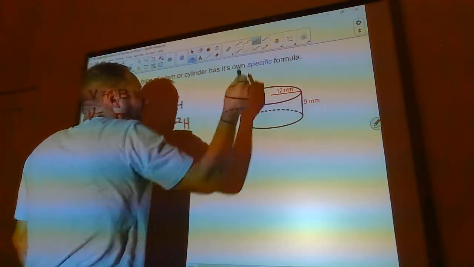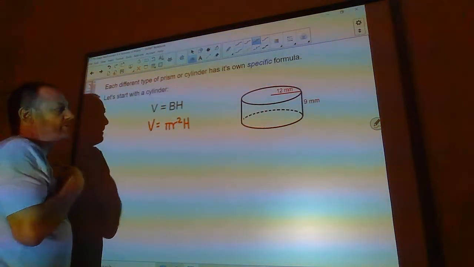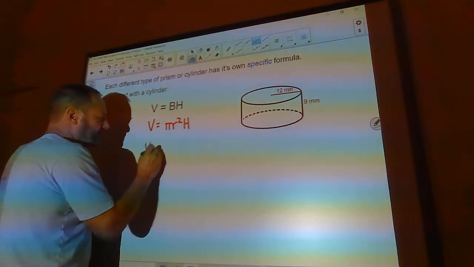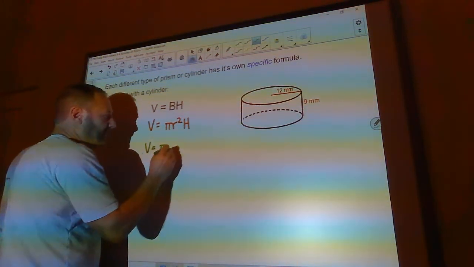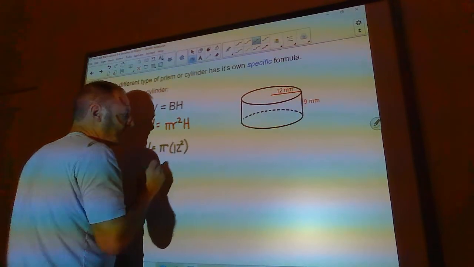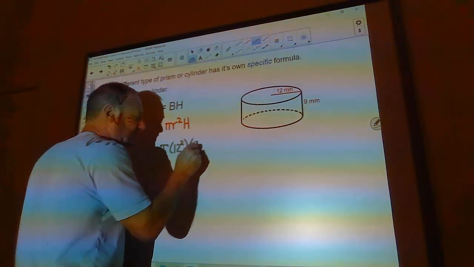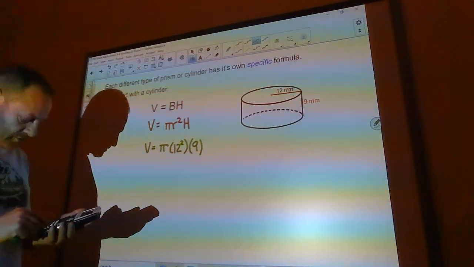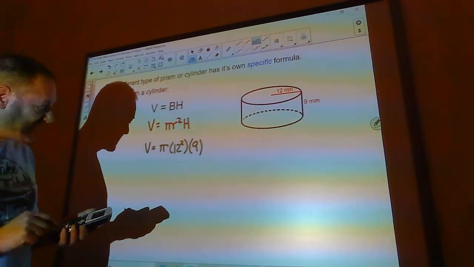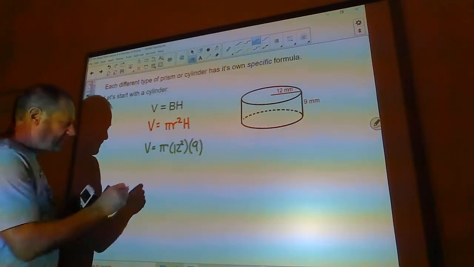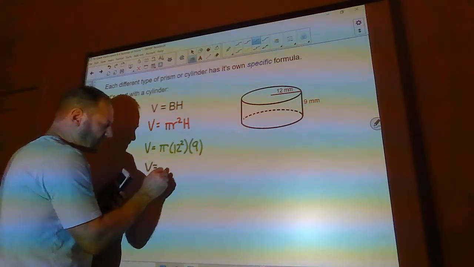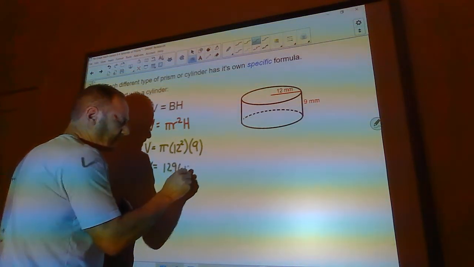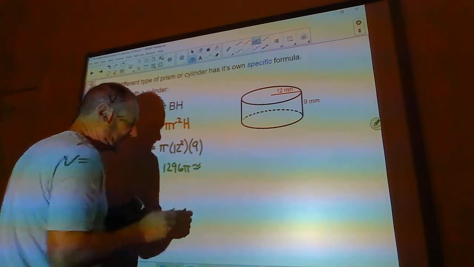So if we wanted to find the volume of this, we would just plug in the radius, which would be 12, square that, and multiply by the height. So 12 squared is 144 times 9. The volume is going to be 1,296 pi. Exactly.